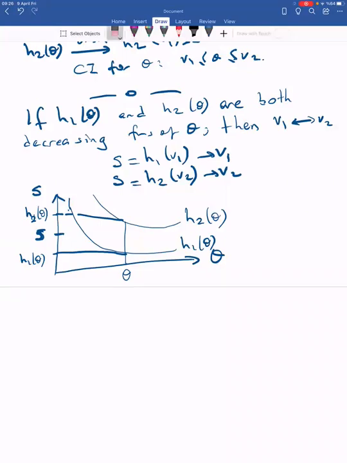Okay, so let me try to get a better picture. Let me draw them again. Okay, so let's say this part is our h2 function.